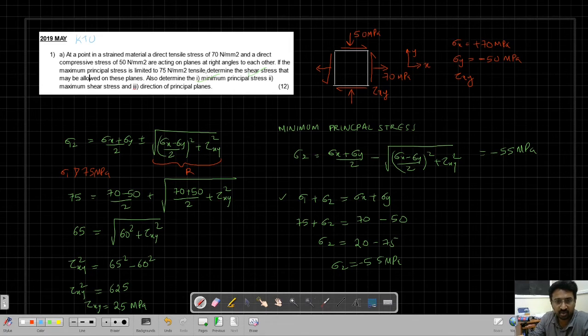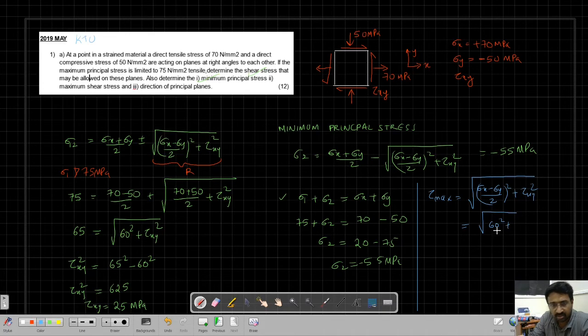So I think I will continue here. I'll give a separator here. Let's say tau max is given by the square root of ((sigma x minus sigma y) by 2) whole squared plus tau xy whole squared. So this is the square root of ((sigma x minus sigma y) by 2), which we know is 60, squared, plus 25 squared.